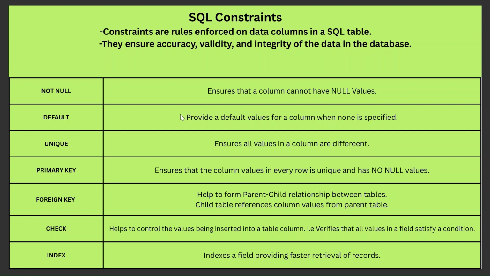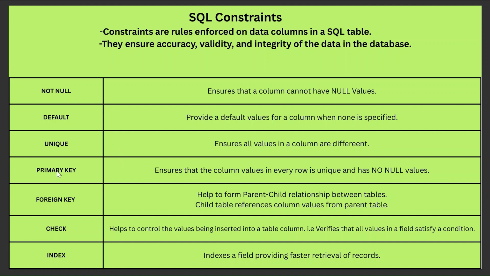In case you didn't specify, a default value will be displayed. For example, you can write the default to be not specified. And then you have unique. This one ensures that all values in a column are different, so your column will not allow any sort of duplicates.